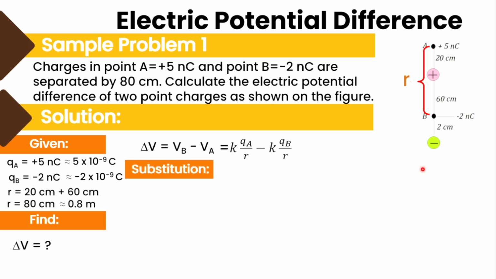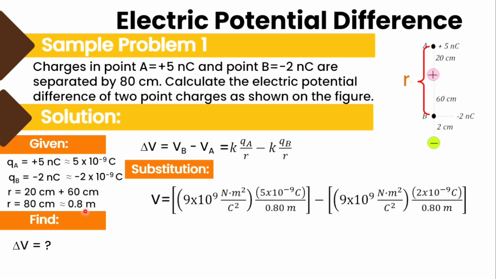Now, substituting, we have here the electric potential equation: Coulomb's constant times the charge at point A over the distance between point A and point B, minus Coulomb's constant and the charge at point B over the distance between the 2 points.